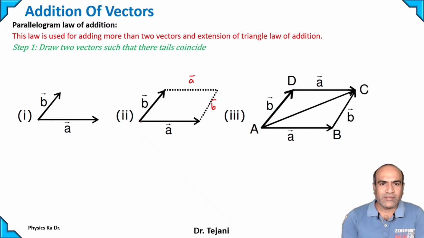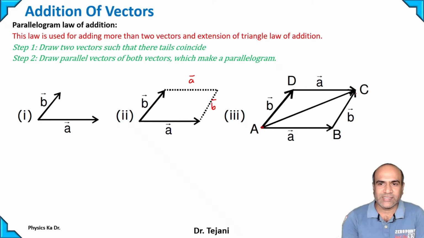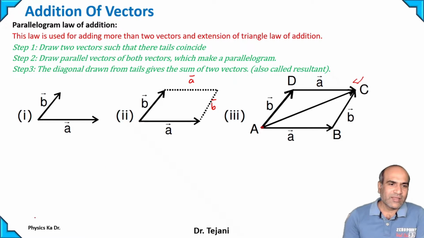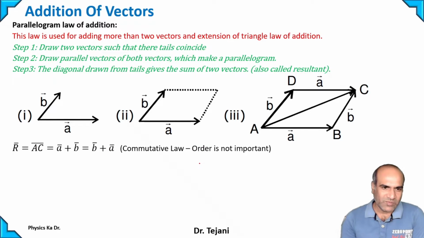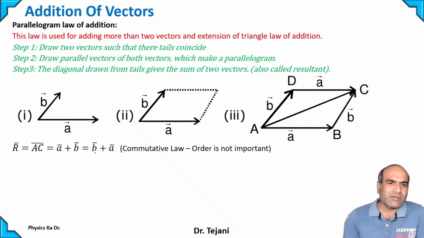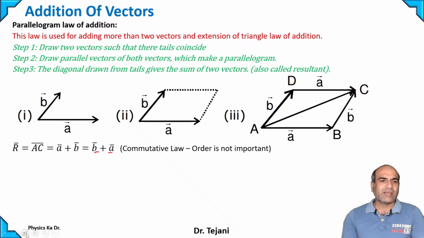Then join this diagonal AC. All heads are meeting here, so this AC gives us the resultant. Very simple. So AC is equal to A bar plus B bar, or you can say B bar plus A bar. That is commutative law.